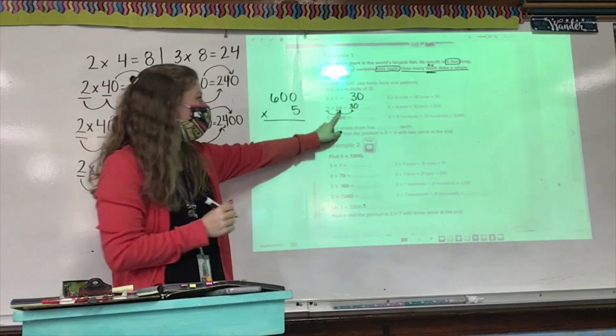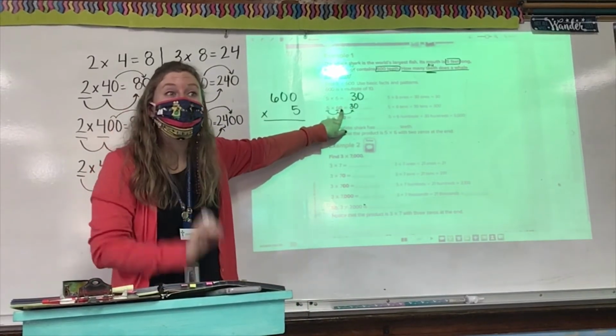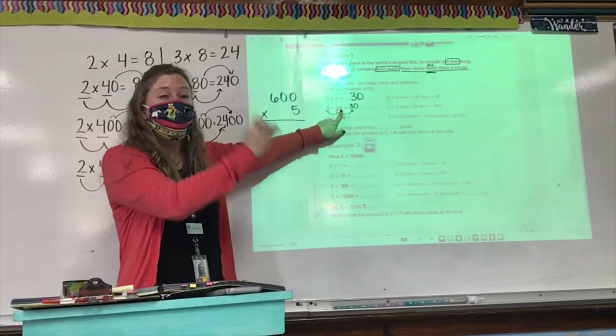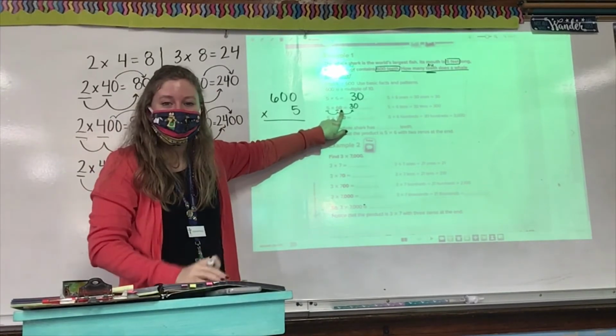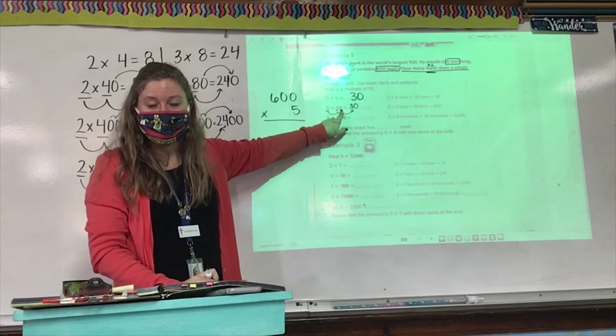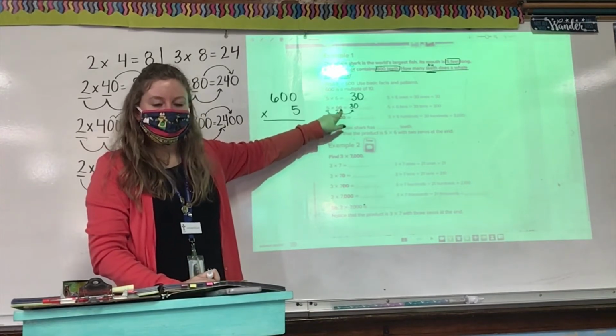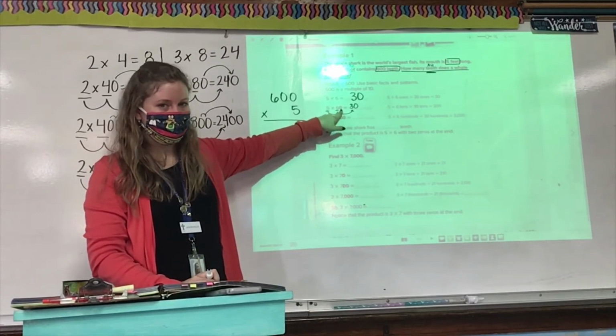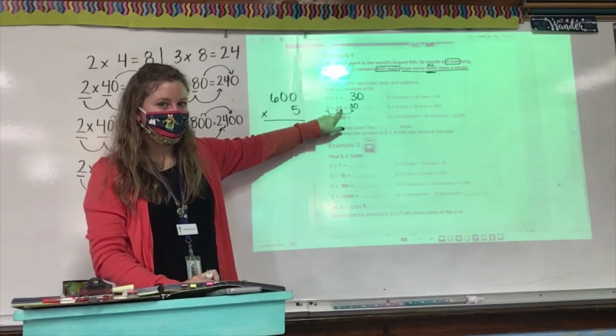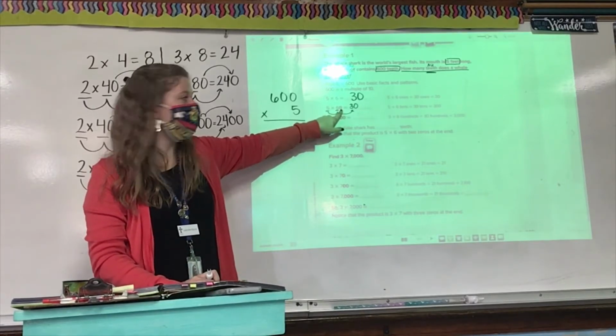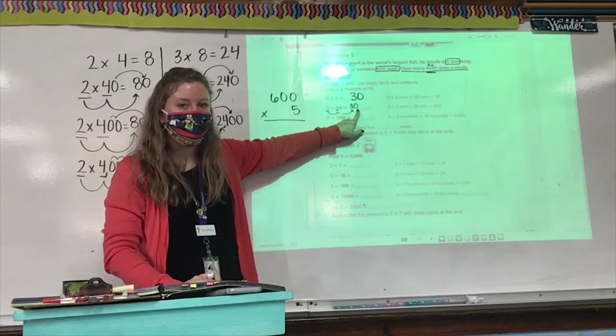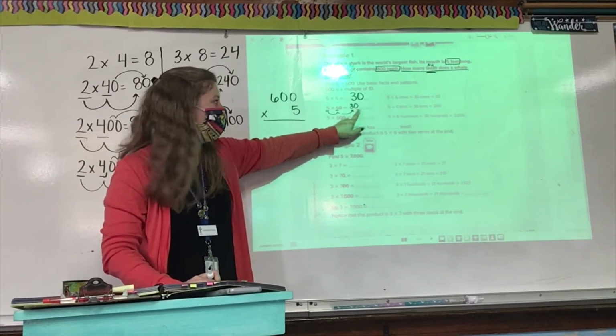Now I need to figure out, okay, how many zeros do I have at the end of my factors? Not inside my factors, but at the end. Smith? 1. So what do I do with it? Don't tell me add it. Do I forget about it just because there's already a 0 here? No. So what do I do with it?